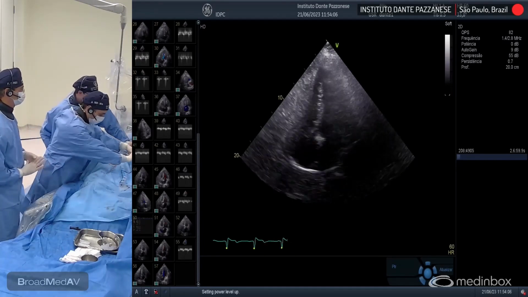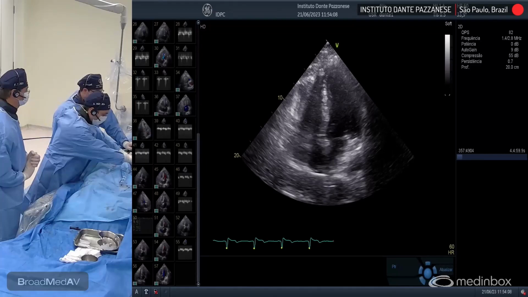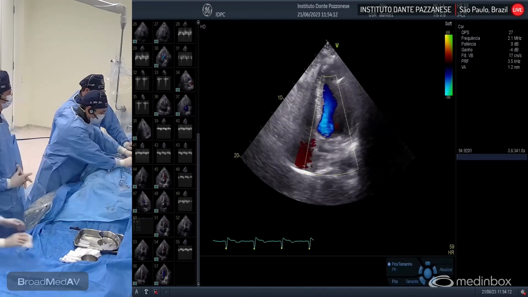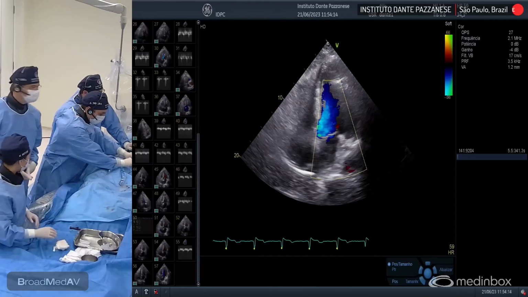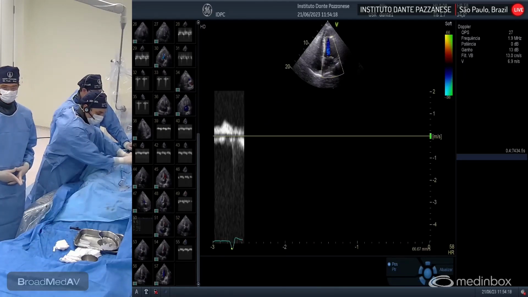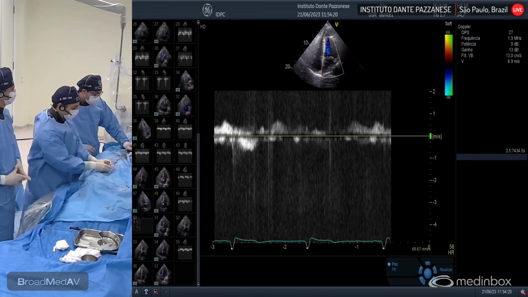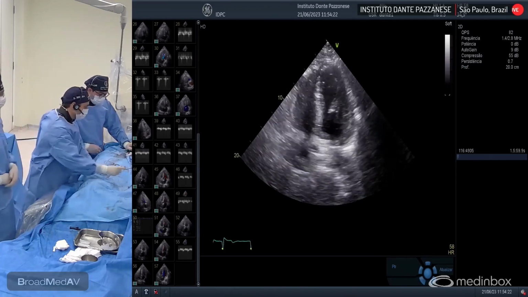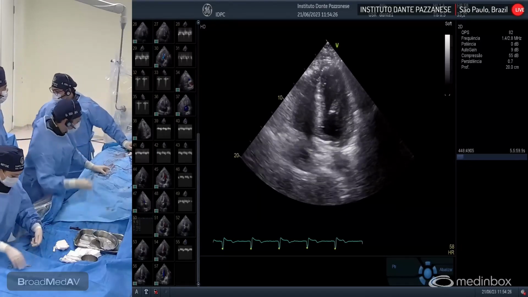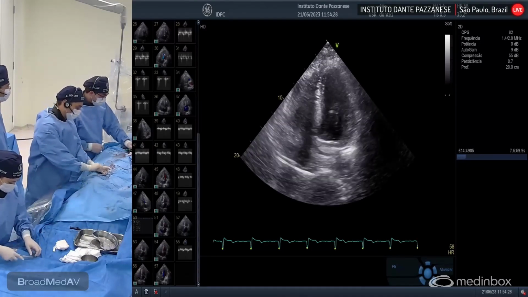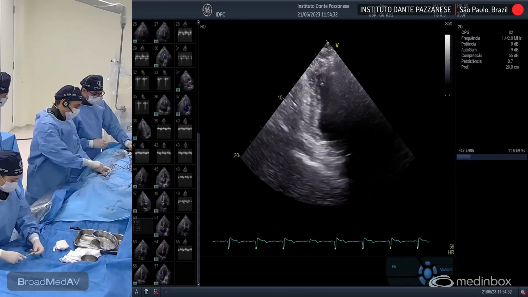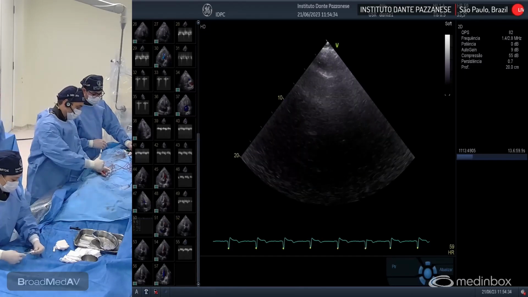We must make a complete exam, not only see the prosthetic valve. We also have to see the mitral valve, to see that nothing happened when they released the valve, and we can see that the ventricular function is perfect, the way it was before the procedure. There is no segmental contractility alteration.